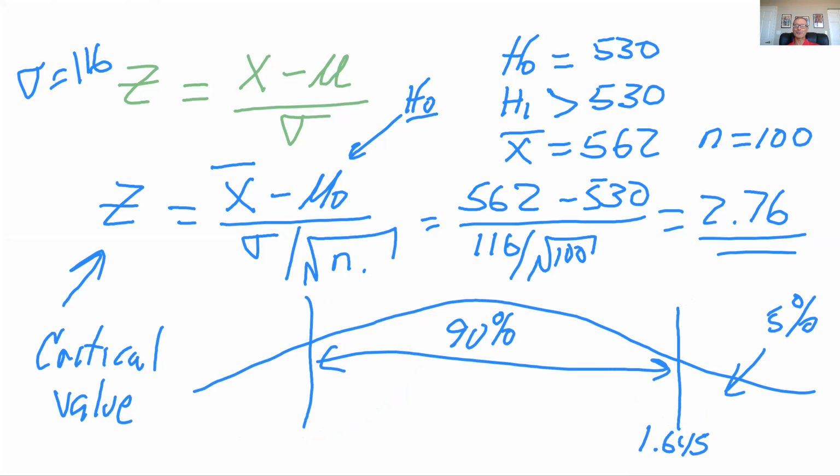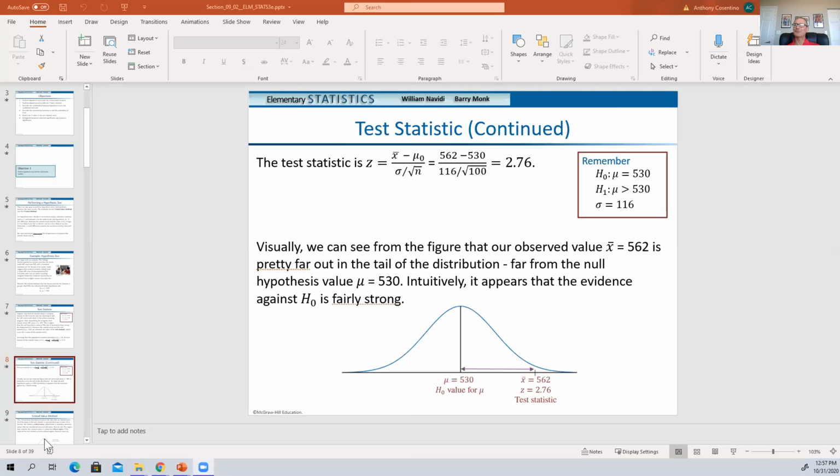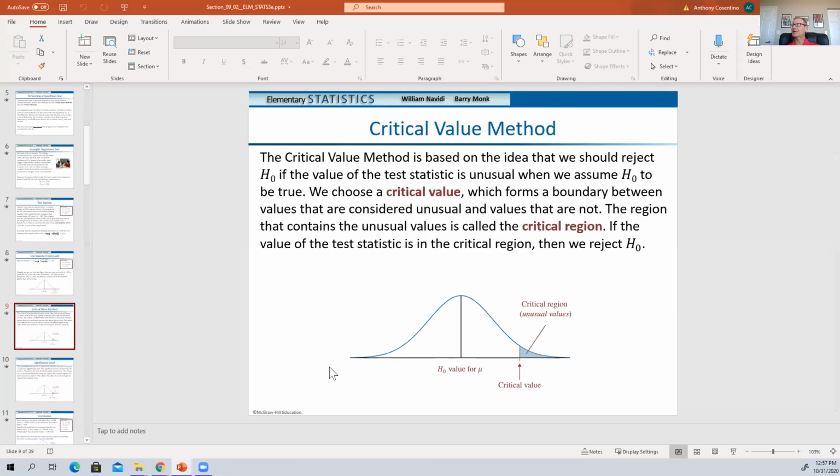And I always said that's a weird thing. I would use more the term unlikely to happen. And so that's what we mean by these critical regions and critical values. The idea is that if it's a small percentage left in the tail, then you feel highly confident that you could reject the null hypothesis because of that.